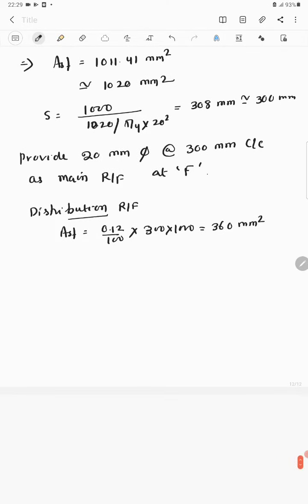So this will be same as the previous case, that is at the top case. So let's provide 8 mm at a rate of 130 mm center to center as distribution reinforcement.